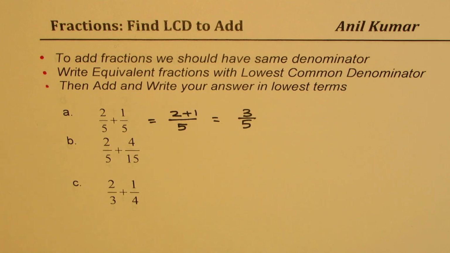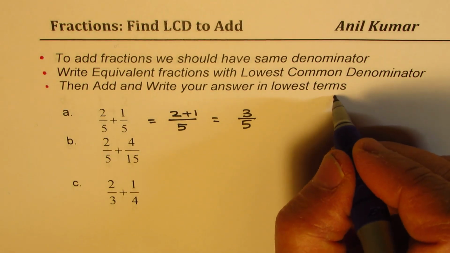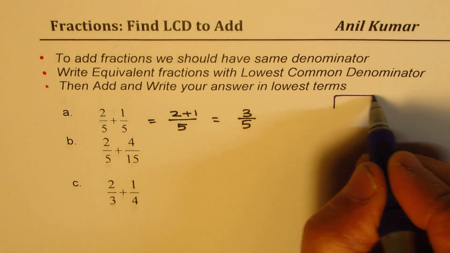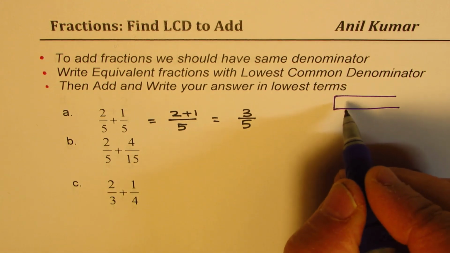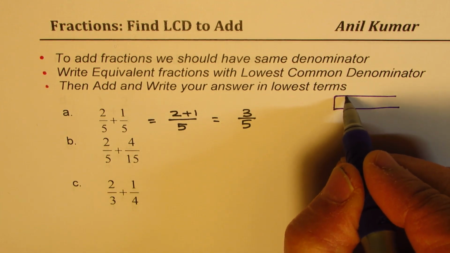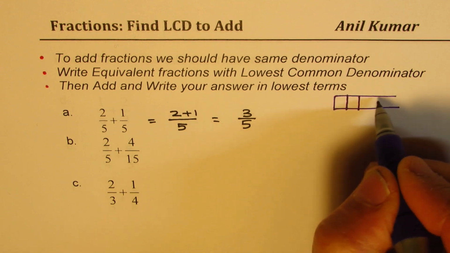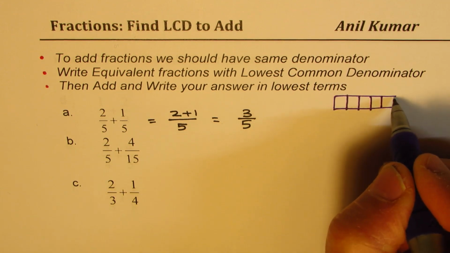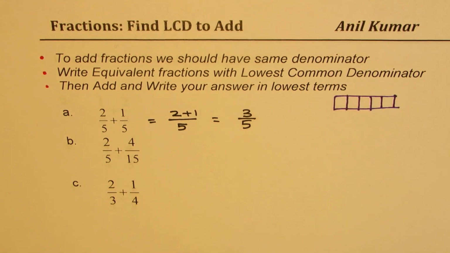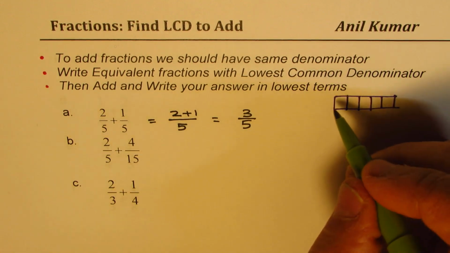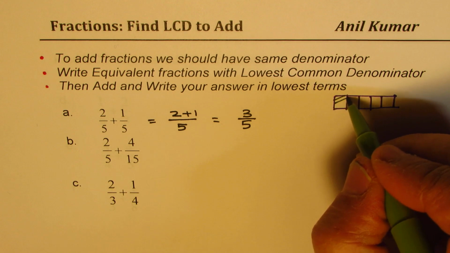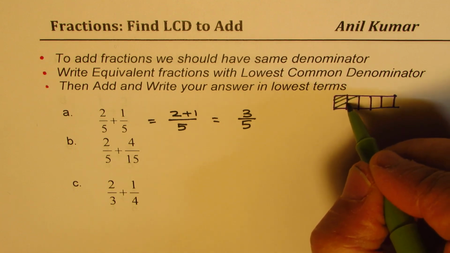To give you a visual concept, the idea is kind of like this. Let's say we have a bar which is divided into 5 equal parts, like 1, 2, 3, 4, and 5, right? So 5 parts. We are adding 2 out of 5, that is to say, we have this fraction, 2 out of 5, correct?